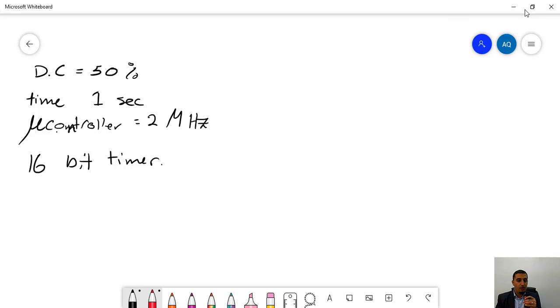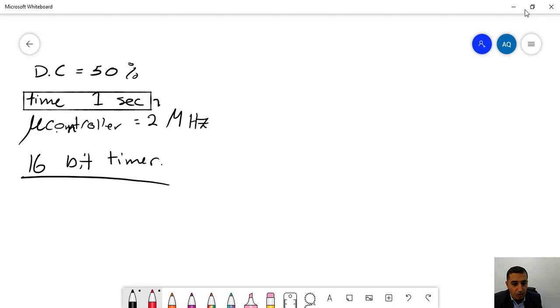So we need to know how many times we want to run the timer counter. First of all, how many counts do we need to get 1 second out of the 2 megahertz? My timer counter will be counting to 2 to the power 16 minus 1 on a frequency of 2 megahertz.